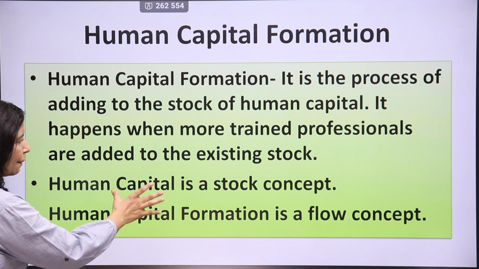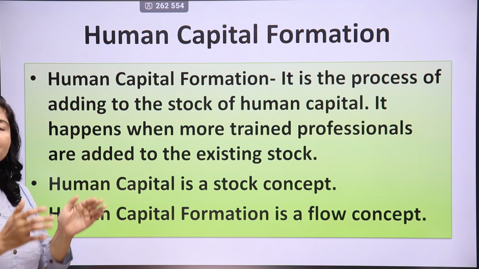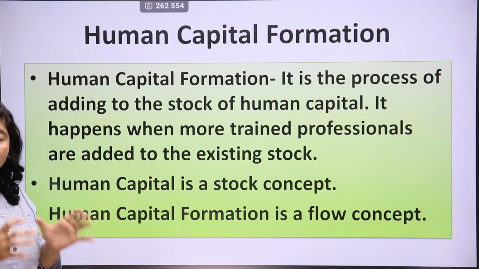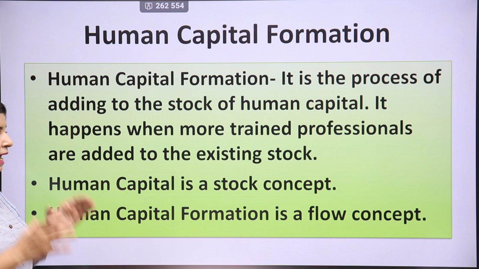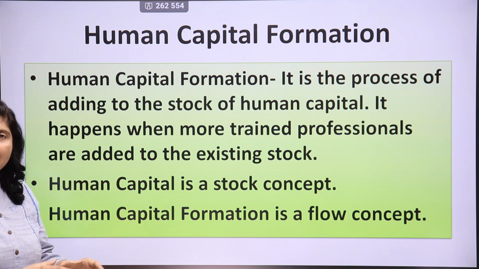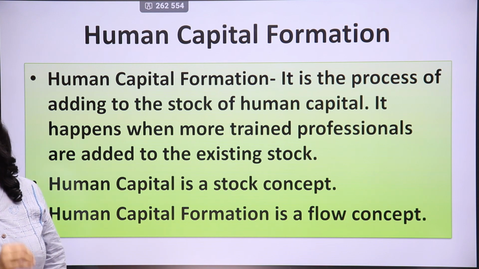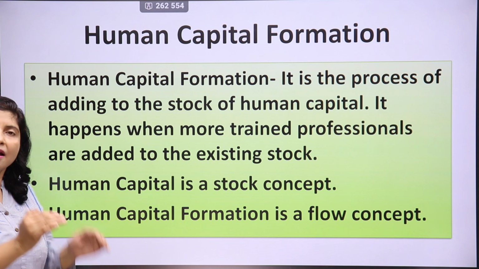Why? Human capital means the number of professionals or the workforce that can work efficiently with the skills. That is, what is that number at any particular point of time? Just now I explained, in the month of August, if we have 10 lakh professionals in India, that is human capital. Okay, we have a stock.